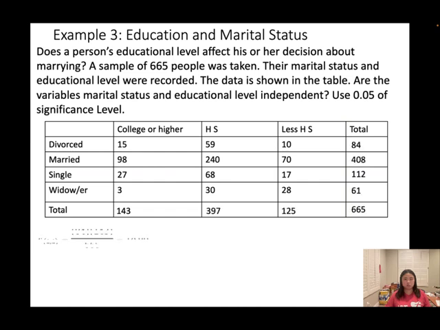Okay, check your work. Okay, double check your grand total here, 665, so it matches with the sample size here. And then find the expected frequency.